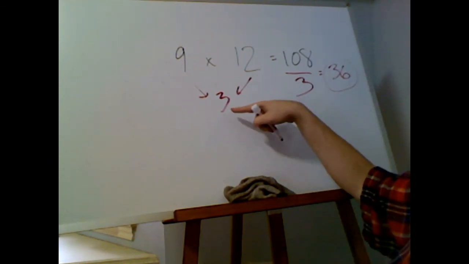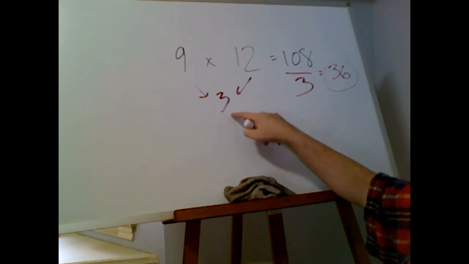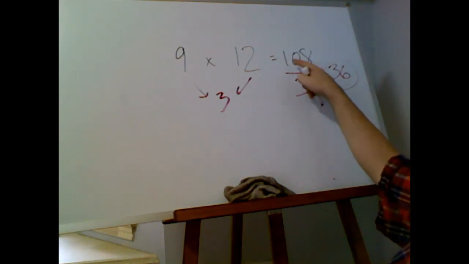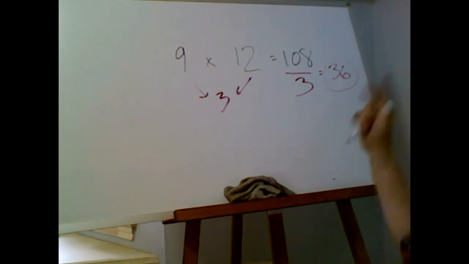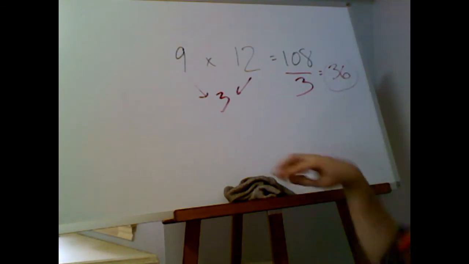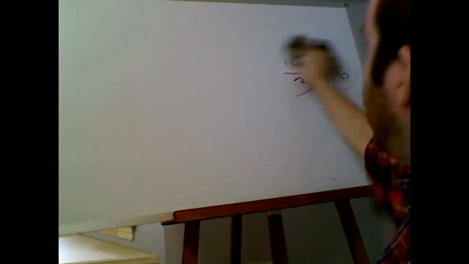If you pick the biggest possible number that can go into both of these and divide your product, 108, by that number, 3, to get 36, that will always work for you.